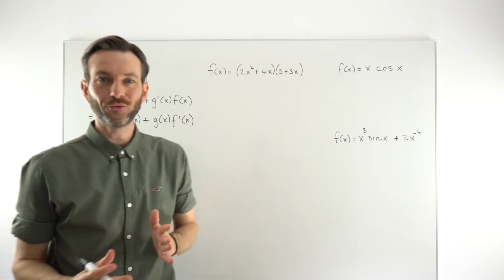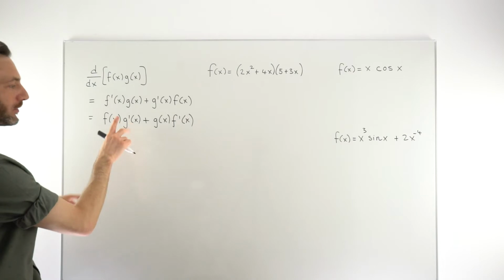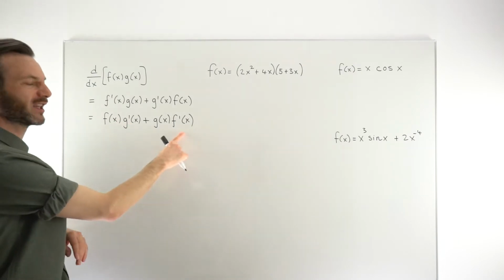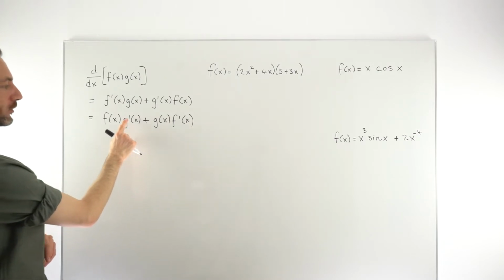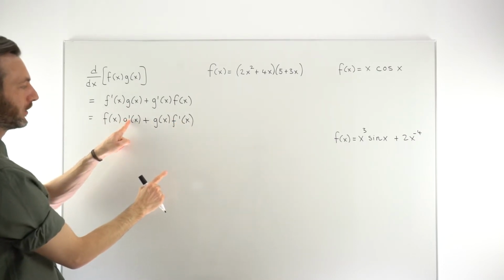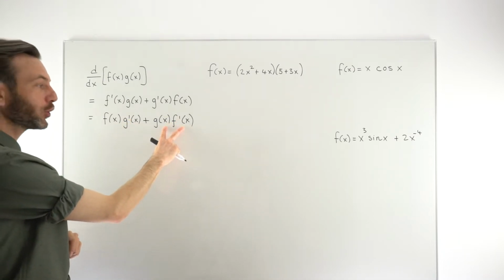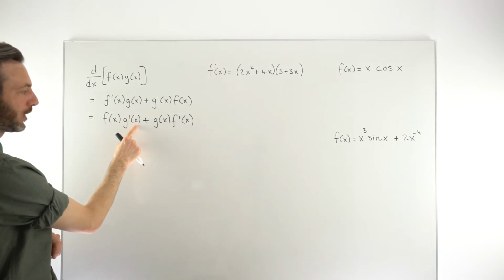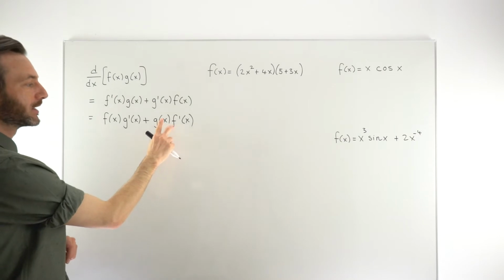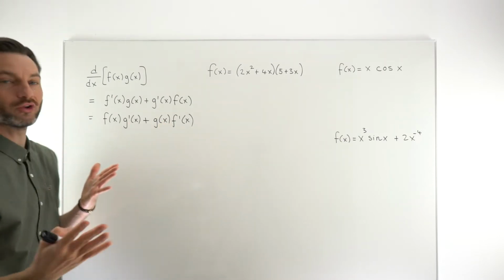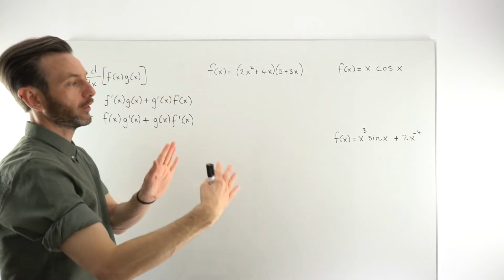If you try and learn it formulaically, that's fine if you remember the formula, but the important thing is whether you use this version, which is probably more the textbook version, or this one, as long as you've got the derivative of both functions, here g prime and here f prime, each multiplying the other function. As long as I've got my g prime multiplying f, and my f prime multiplying g, and I add them together, it doesn't matter on the order. So don't get too hung up on making sure they're all in the perfect place.